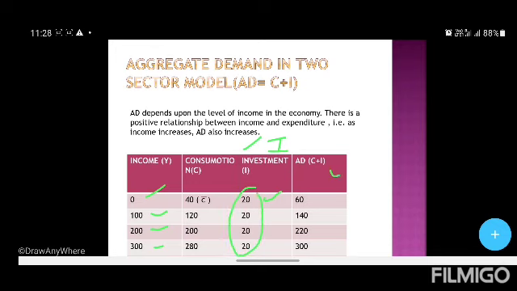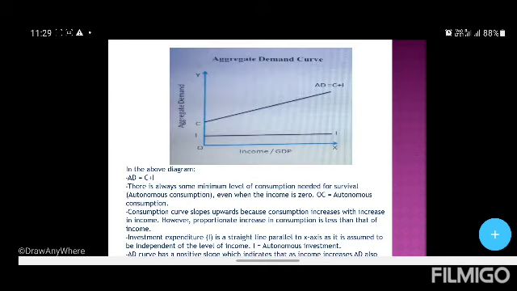So finally we have aggregate demand, which is C plus I, and if we add the corresponding consumption and investment, we get the aggregate demand. Here we have 40 plus 20 is 60, 120 plus 20 is 140, and so on and so forth.